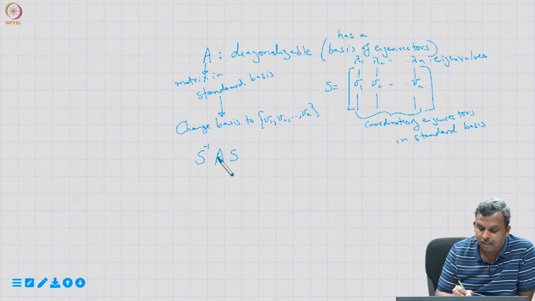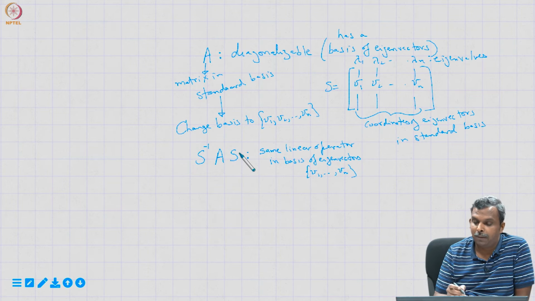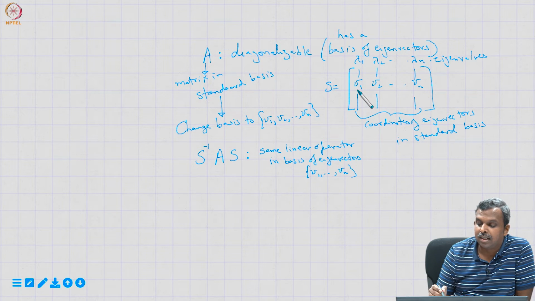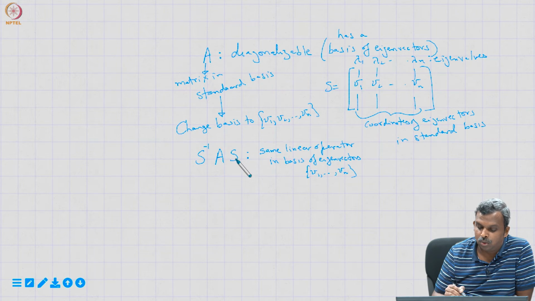So this is the same linear map, same linear operator in the basis of eigenvectors, V1 to Vn, okay, right. So this V1 to Vn is basically, it will convert from the standard basis to the new coordinates in terms of this basis. No, I need the other way around.